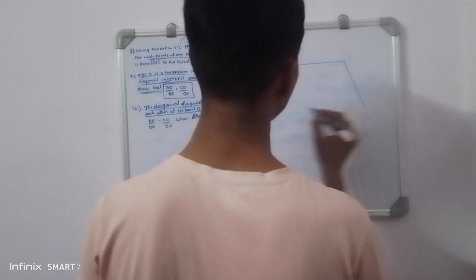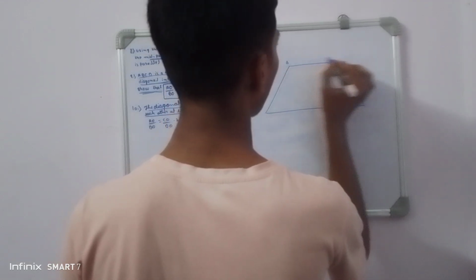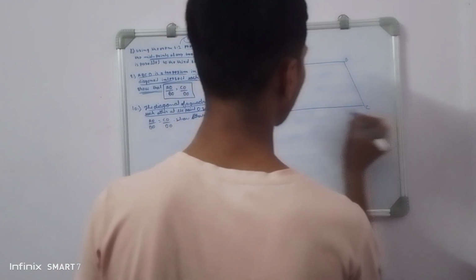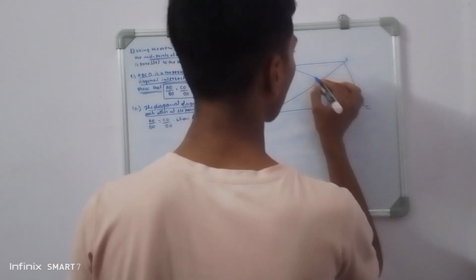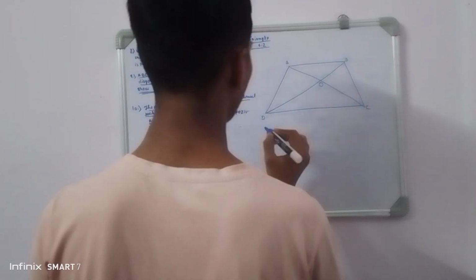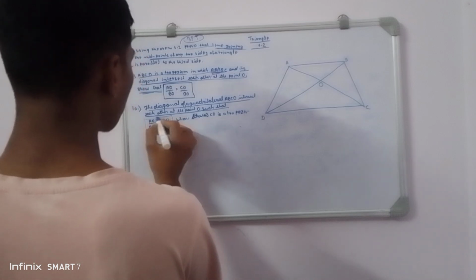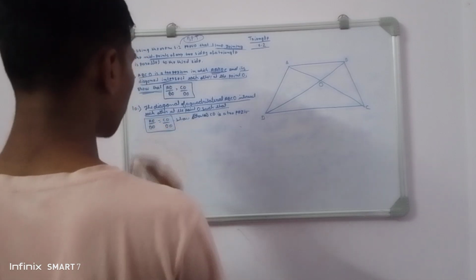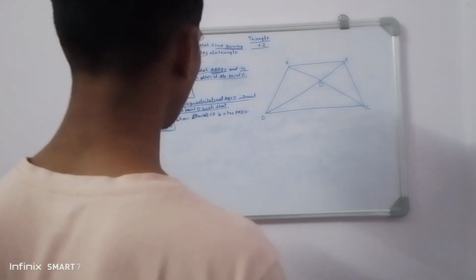So let's suppose this is a quadrilateral named A, B, C, D, and the diagonals we have are DB and AC. We name this point O, and we are given that AO by BO equals CO by DO.